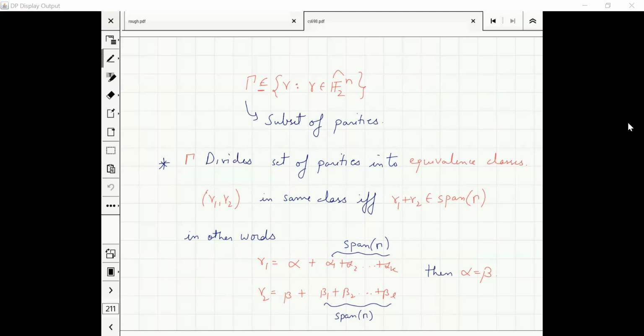Is the task clear? Okay, so let me just repeat it. Our task is we are given a function. On that function, we take a subset of parities and fix them, like we were fixing x1, x2. Now I can take a subset of parities and fix them. Assume them to be linearly independent so that there is no conflict.